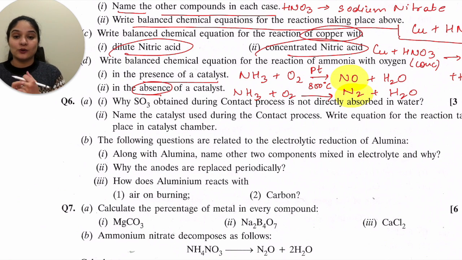Now let's see why SO3 obtained during the contact process is not directly absorbed in water. There are two reasons for it. The first is that the reaction is exothermic, and the second is that a homogeneous mist of sulfuric acid is created, which is very difficult to condense. Whatever I'm telling you, I can mention at the end in the theory, or I'll just write key points.